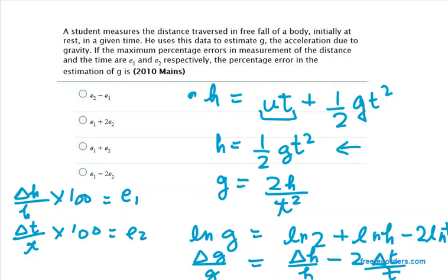So I will put the values here. Now it says the maximum. Maximum means you have to change this minus to plus.